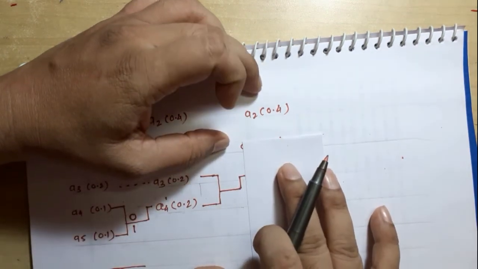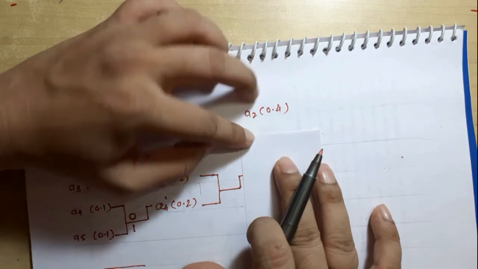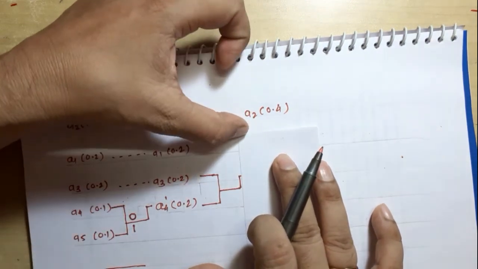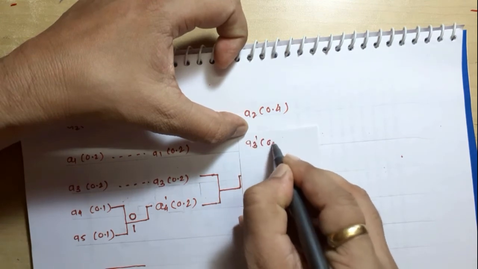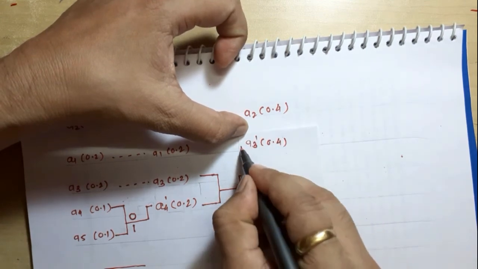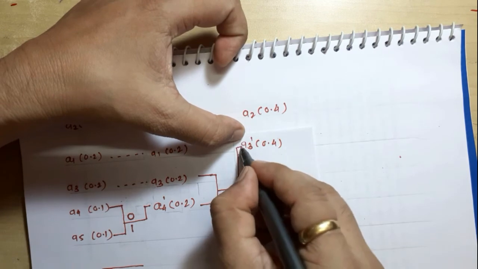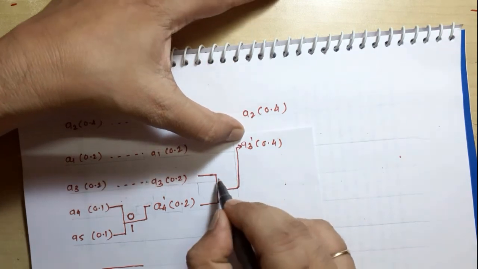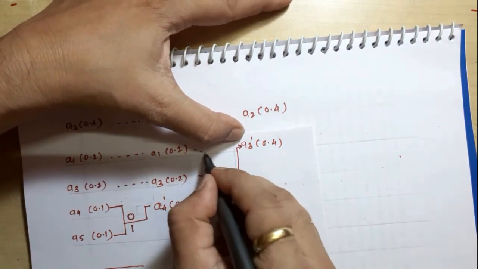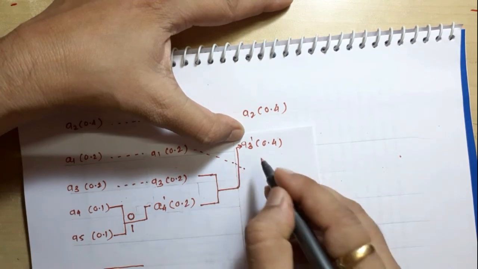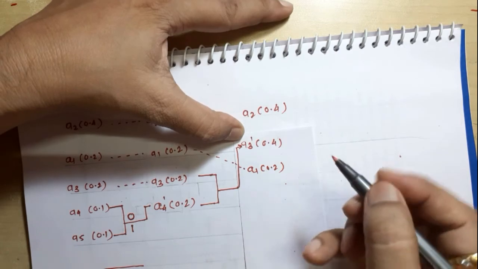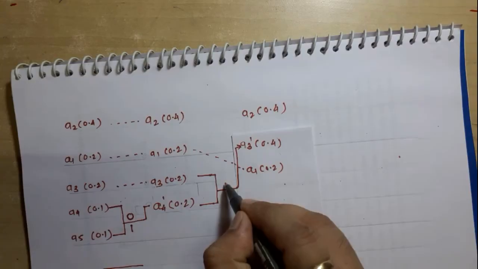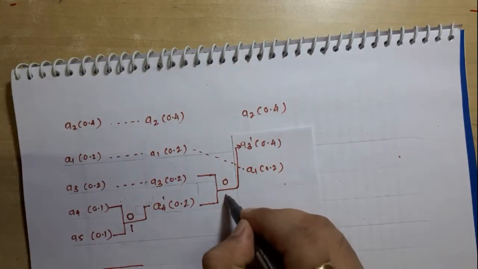So we rearrange them like this: A3 dash, which is 0.4, and in front of this A1 as 0.2. We assign the branches as 0 and 1.